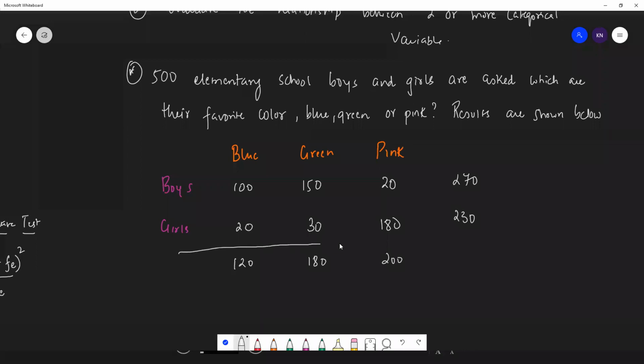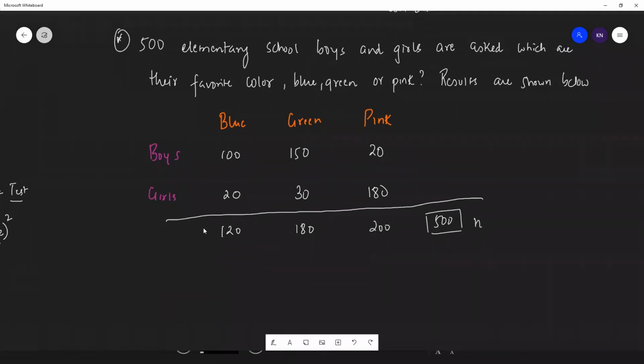This is the total, guys, right? Let me remove this. If I try to find the sum, it is nothing but 500. So this is my n value. Now this is my entire table.